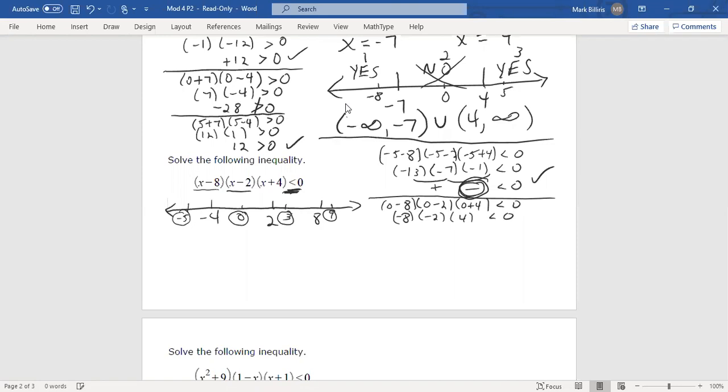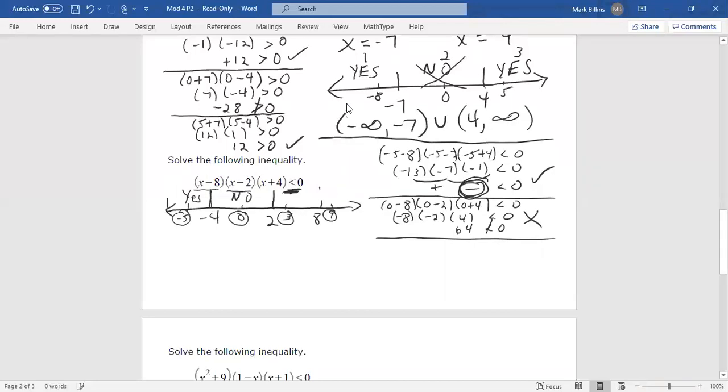When we multiply them together, we get positive 64. And positive 64 is not less than 0, so this does not work. So right now, the values less than -4 worked. The values between negative 4 and 2 do not work.